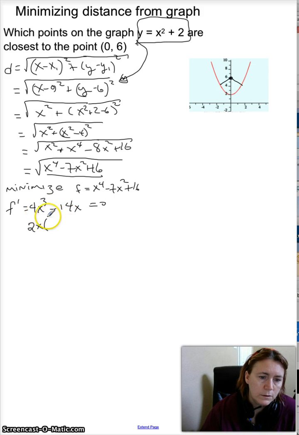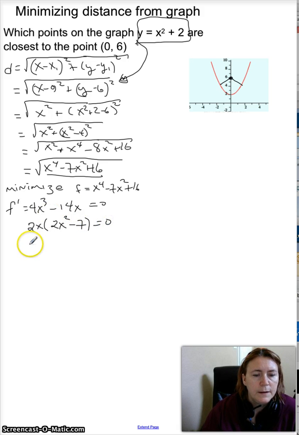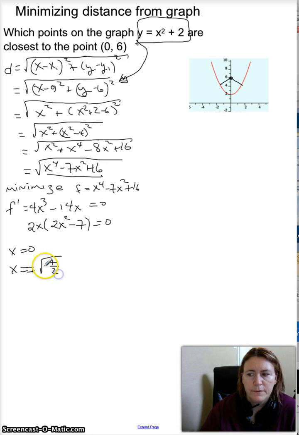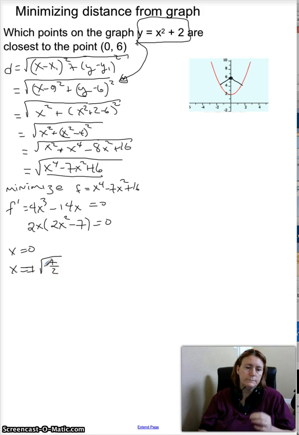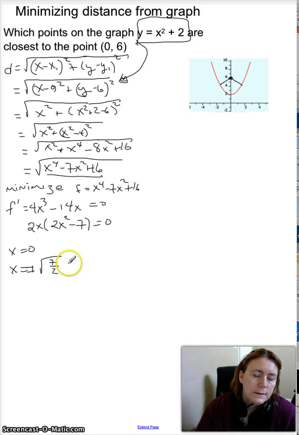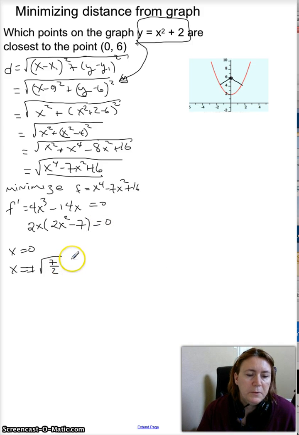So this is 2x times 2x squared minus 7 equals 0. So when x is 0 and when x is plus or minus the square root of 7/2. Well, that's not a very pretty number, is it?